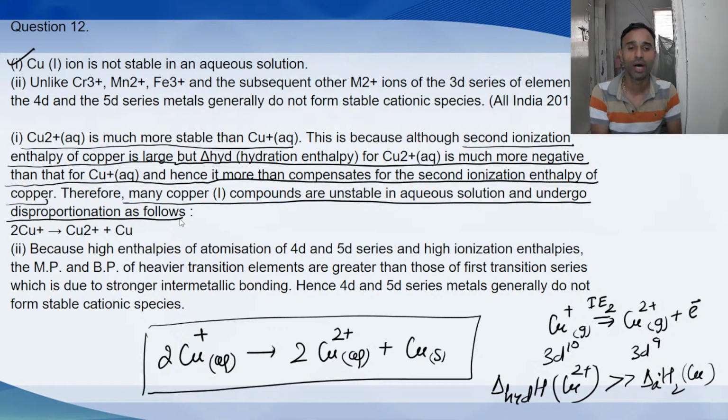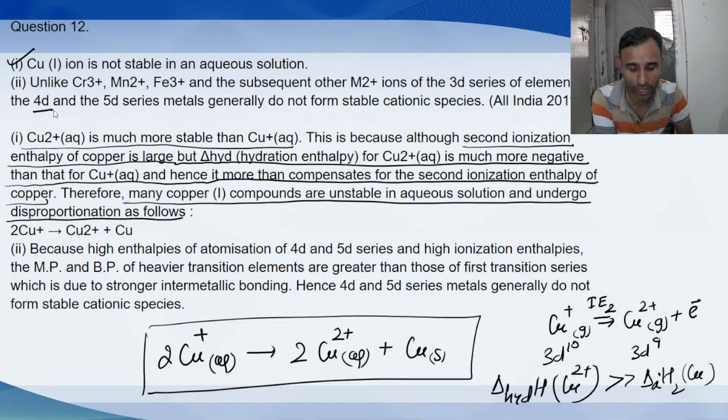Next question. Unlike chromium 3 plus, Mn2 plus, Fe3 plus, and the subsequent other M2 plus ions of the 3d series of elements, the 4d and 5d series metals generally do not form stable cationic species. So what is the reason?